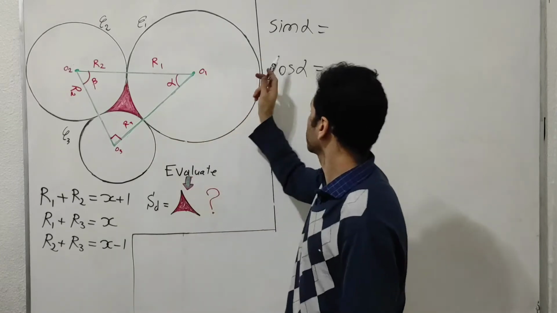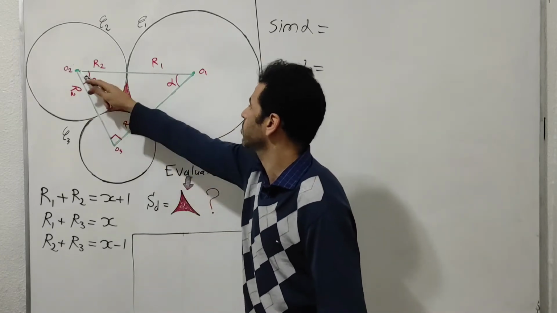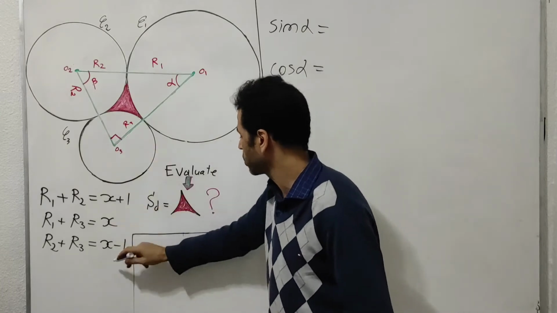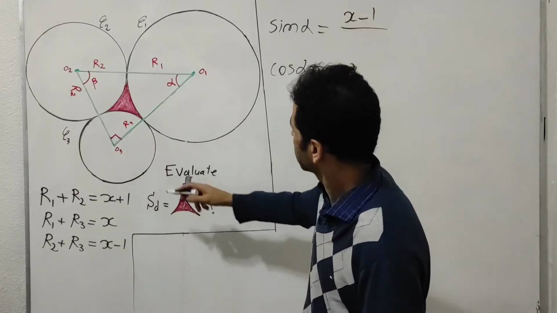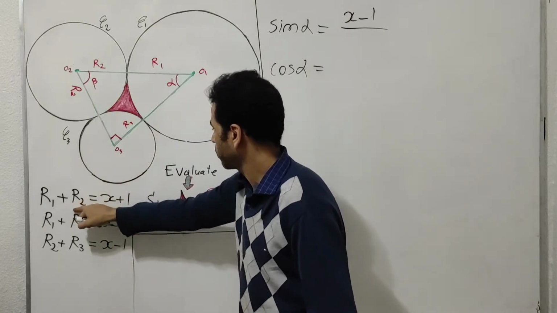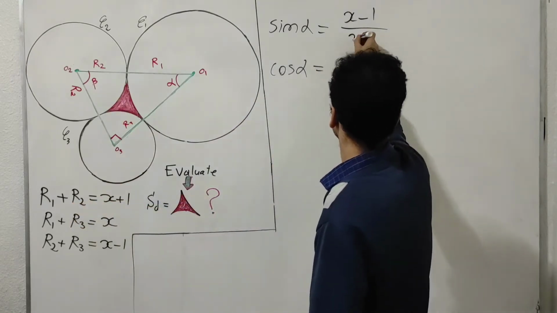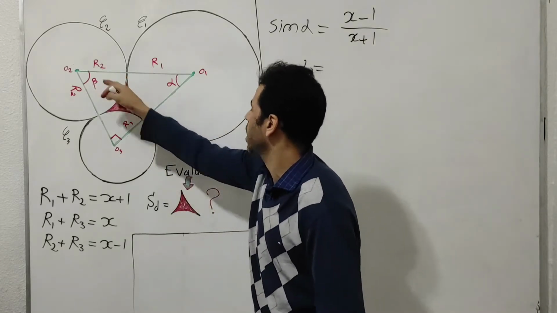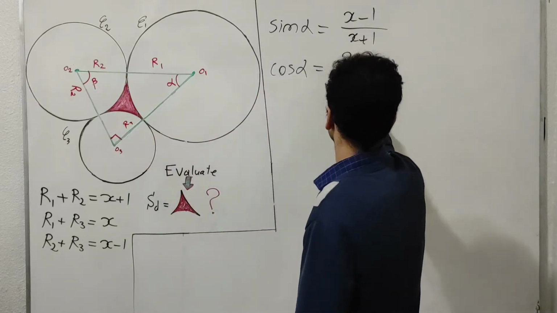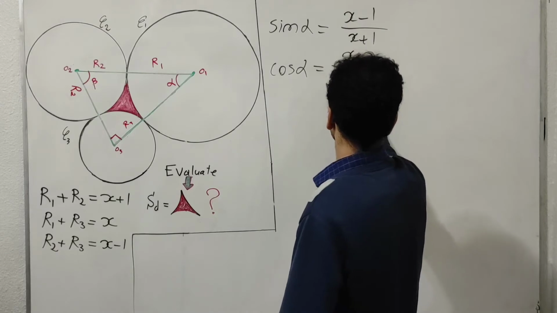apply here. For sine alpha, we have the opposite divided by the hypotenuse, which is x minus 1 divided by the hypotenuse, which is R1 plus R2, which is x plus 1. For cosine alpha, the adjacent is divided by the hypotenuse, the adjacent is x, divided by x plus 1.